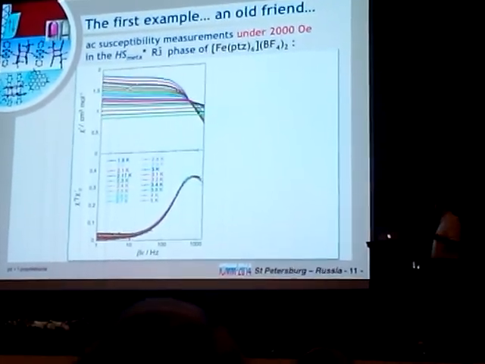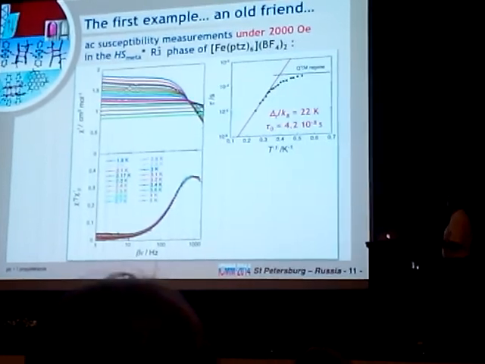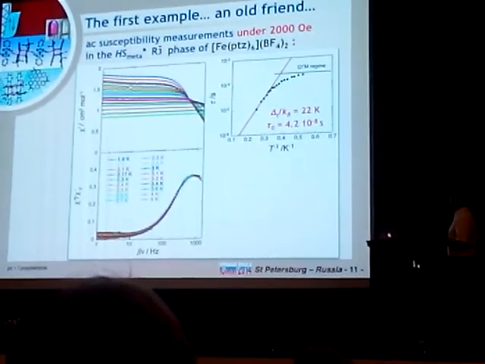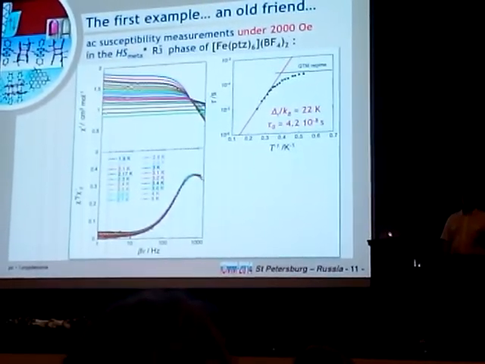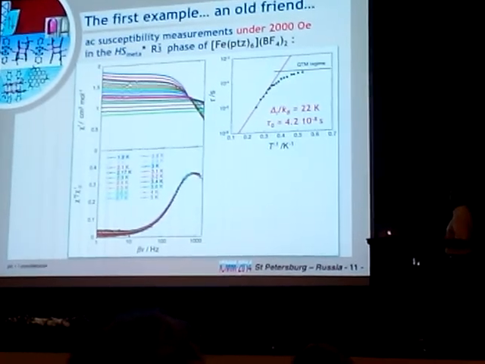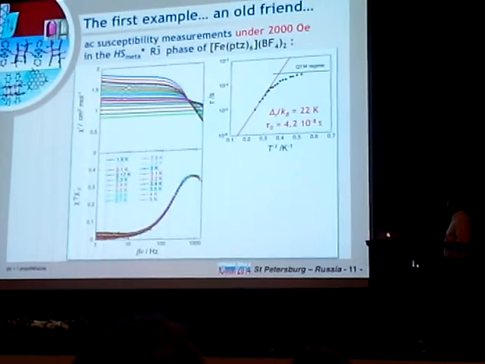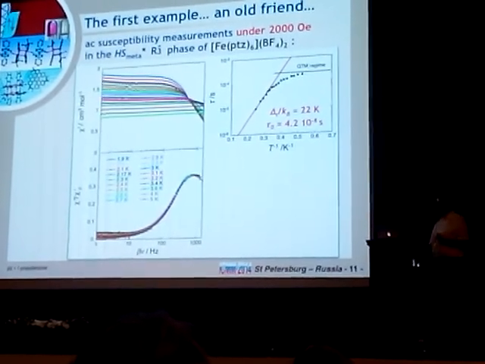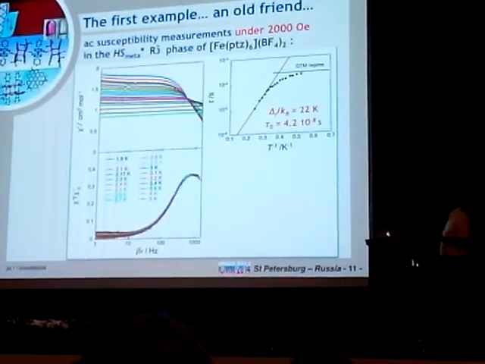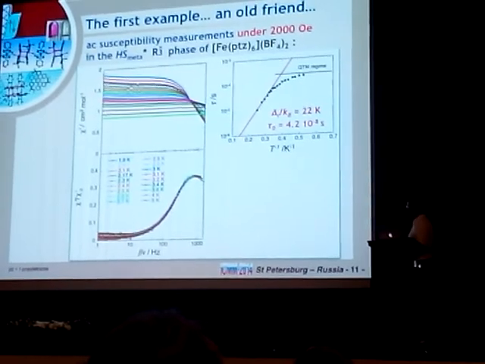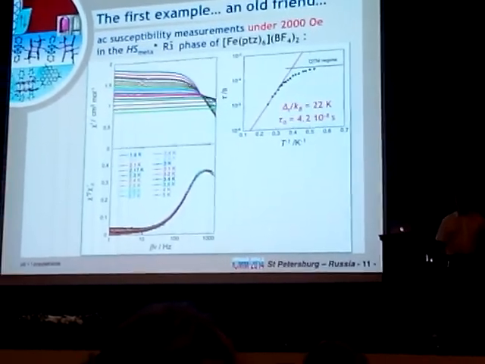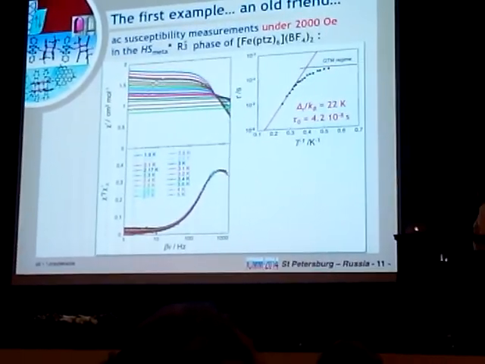So you get this temperature dependence of the relaxation time. Of course, this is not linear, it looks more like a curve. If you take a few fewer points at the higher temperature, you get an energy gap that is certainly way too small in comparison to reality, but it gives you an idea of the energy gap in this kind of system.